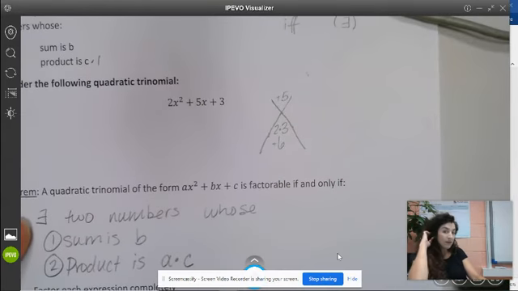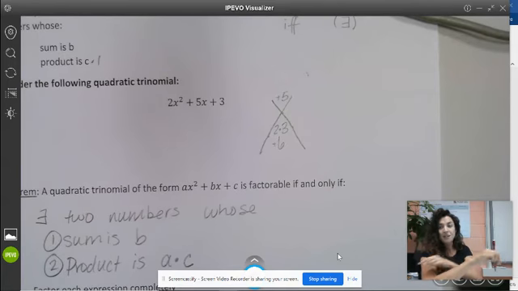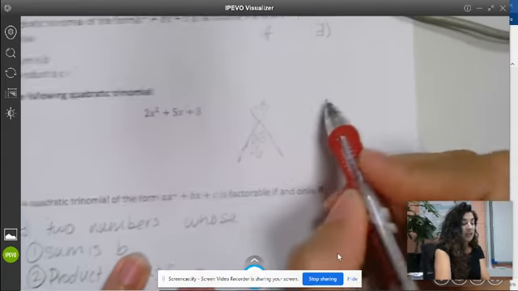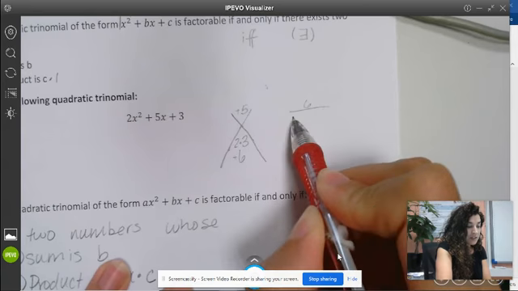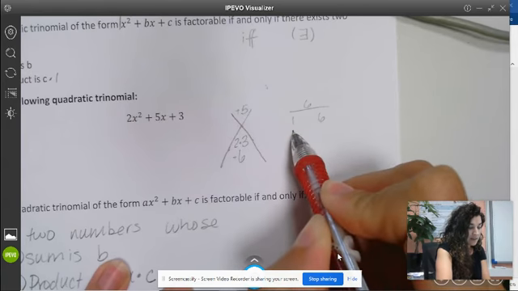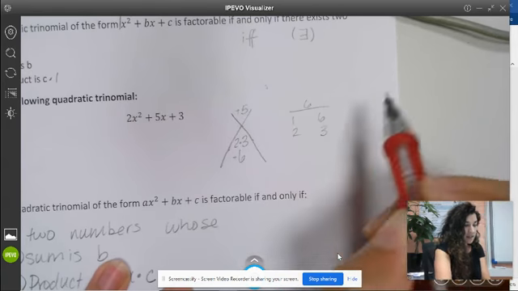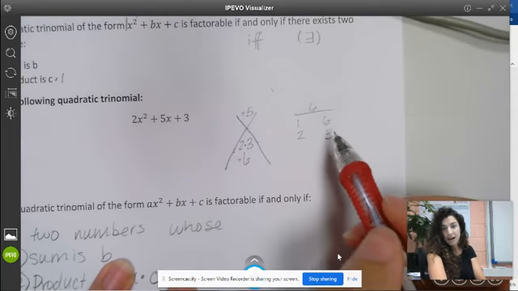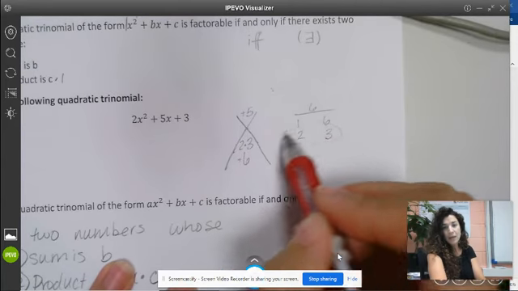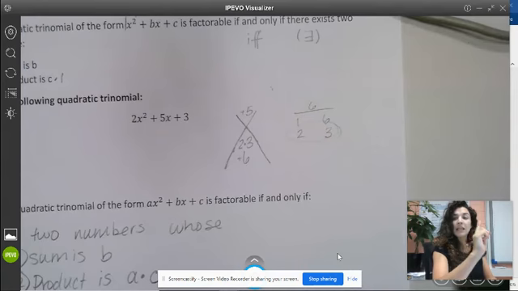So now we want 2 numbers that multiply to 6 and add to 5. You can make your list to the side. We want them to add to 5, which means that we've got 2 and 3.